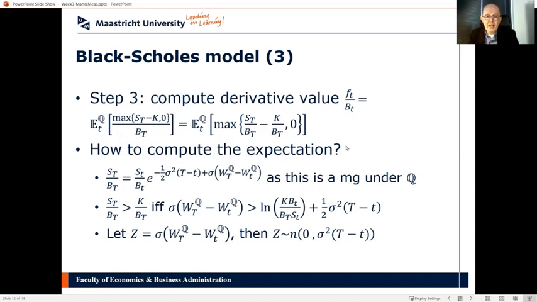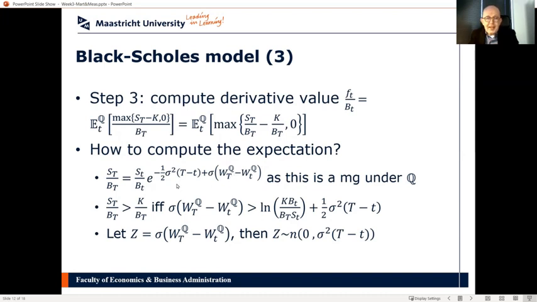How do we compute this expectation? Well, the relative price, stock price divided by the bank account, is a martingale. And it is a martingale with constant volatility equal to sigma. I have the representation that S over B is e to the power minus 1/2 sigma squared (T minus t) plus sigma times the Brownian increment.